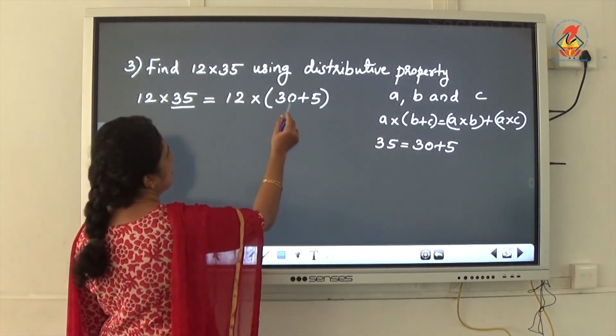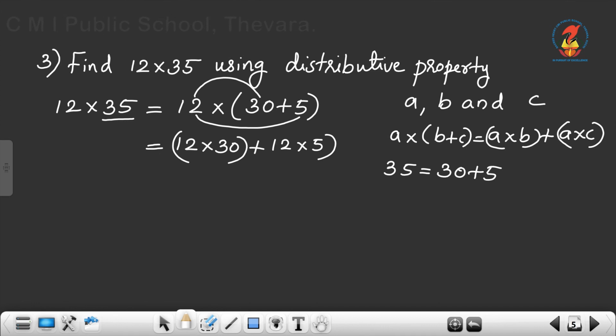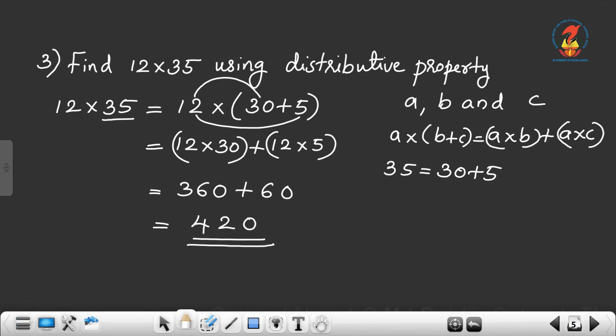Now it is of the form A into B plus C, which is equal to A into B, that is 12 into 30, plus 12 into 5. 12 into 30: 12 into 3 is 36, so 360. Plus 12 into 5, 12 fives are 60. 360 plus 60, you add it and the sum is equal to 420.